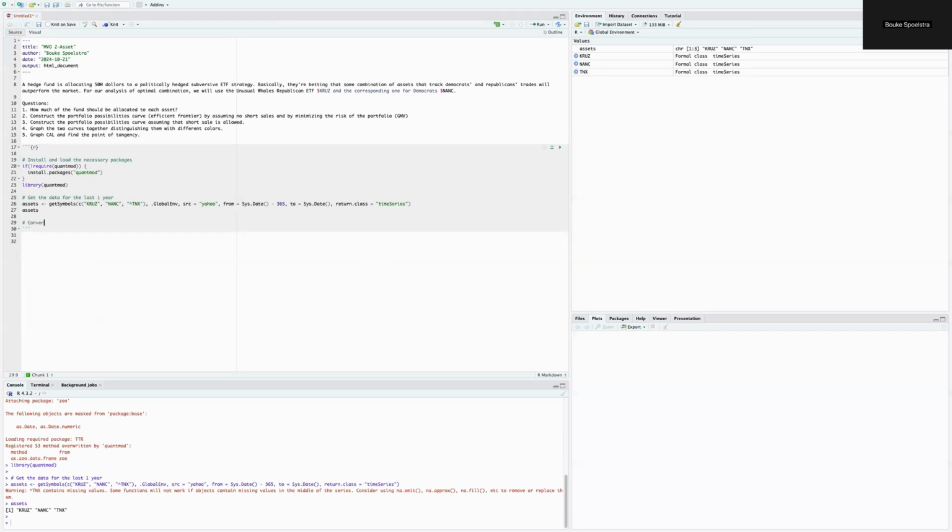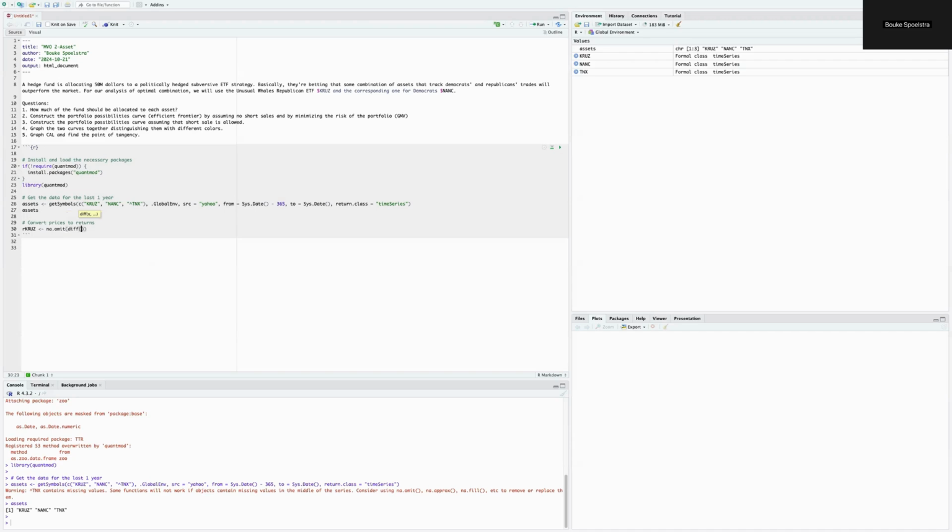Next thing we need to do is convert prices to returns. So we'll do return CRUZ. And here's where we're going to fix the missing values. So we're going to do na.omit, which is removing the missing values.